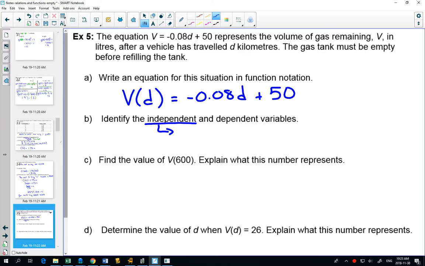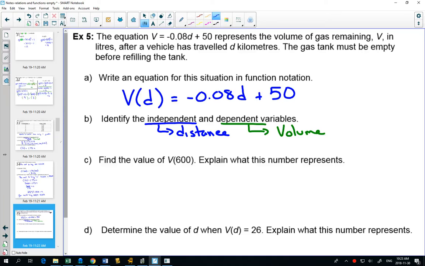Usually we have y and x, so x in this case is d, our distance. And the dependent is your volume. Your volume depends on the distance that you drive.